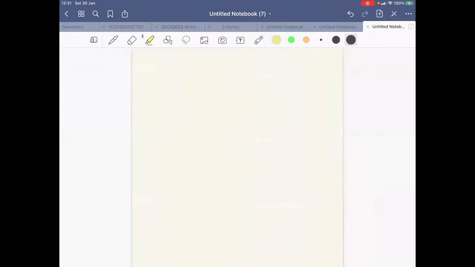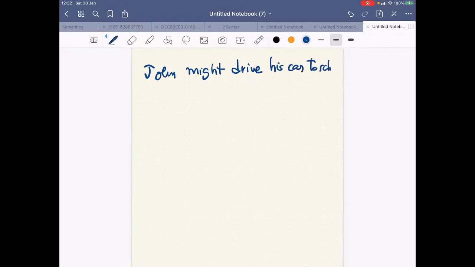The next one is the sentence John might drive his car to school. All right, so I have a sentence where there are two branches, NP and VP.